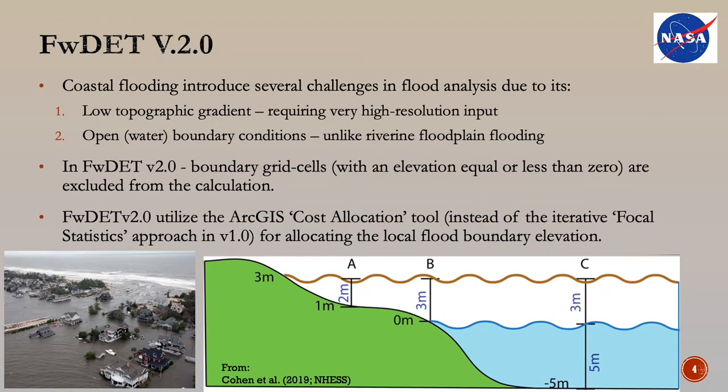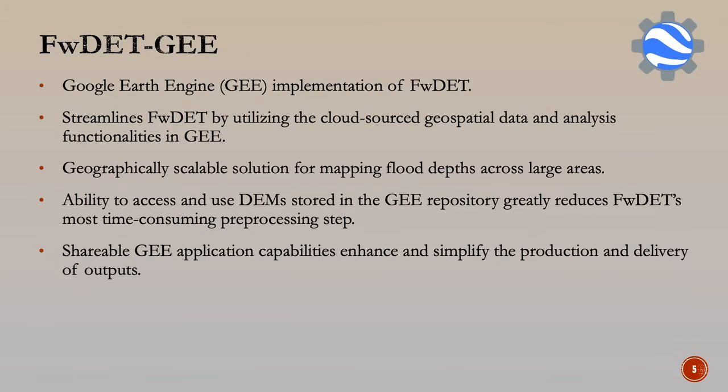And therefore, on the right-hand side in this diagram, we need to account for the fact that we actually don't have any elevation to speak of, and we only need to calculate our flooding based on the most inland boundary of the flood map. So we made some improvement to the tool in order to, one, address that open boundary condition, but also to improve the computational efficiency of the tool and therefore make it more feasible to use in very high resolution.